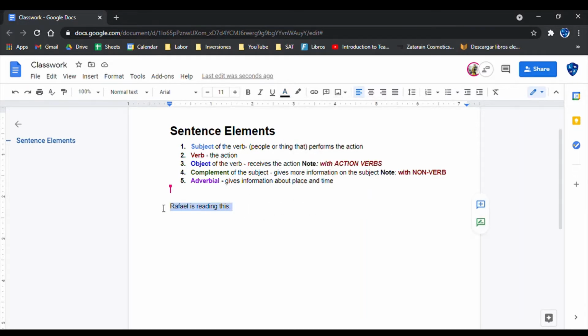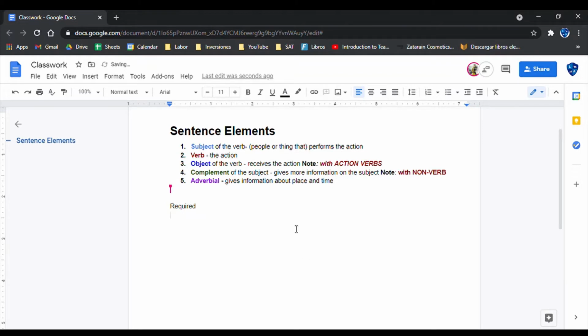Okay, so we're going to practice. Now, all of the sentences in English, all of them, is a combination of these 5 things. So all we have to do is combine them. We have only 2 that are required.